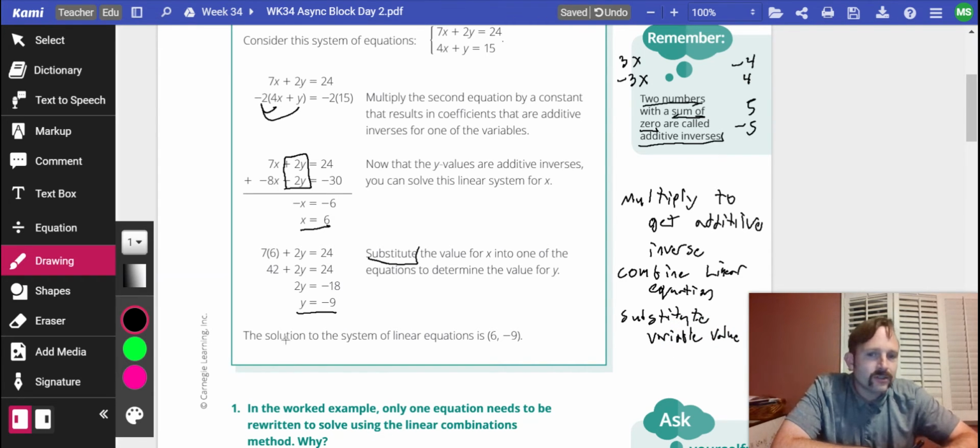And so we figure out the solution of the system is going to be 6 comma negative 9. The end.